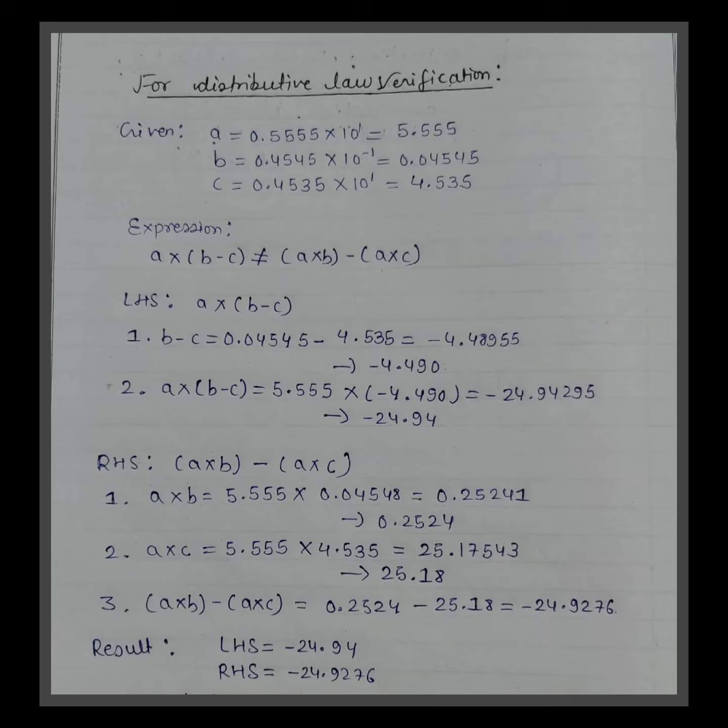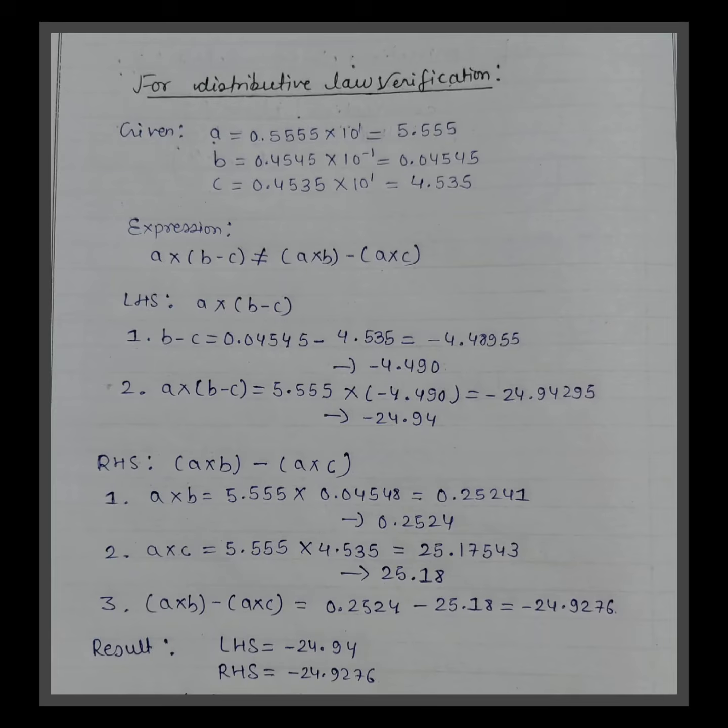Now RHS, a times b minus a times c. First, a times b equals 5.555 times 0.04545 equals 0.25241. Result 0.2524. Second, a times c equals 5.555 times 4.535 equals 25.19543. That results in 25.18. Then (a times b) minus (a times c) equals 0.2524 minus 25.18 equals minus 24.9276.